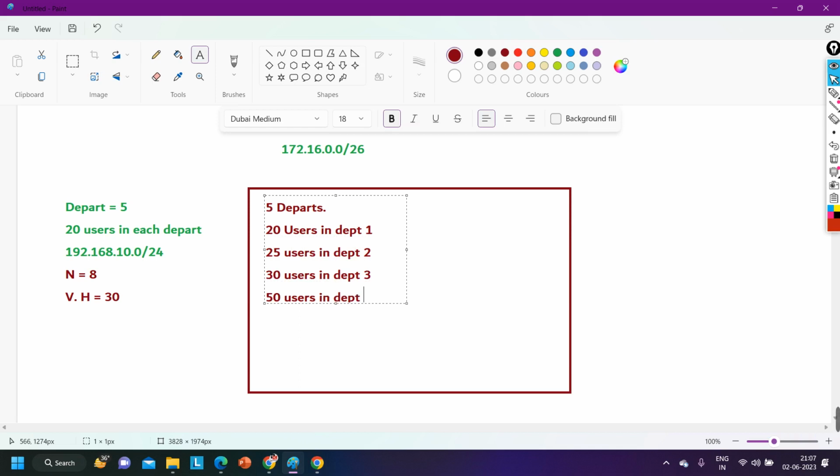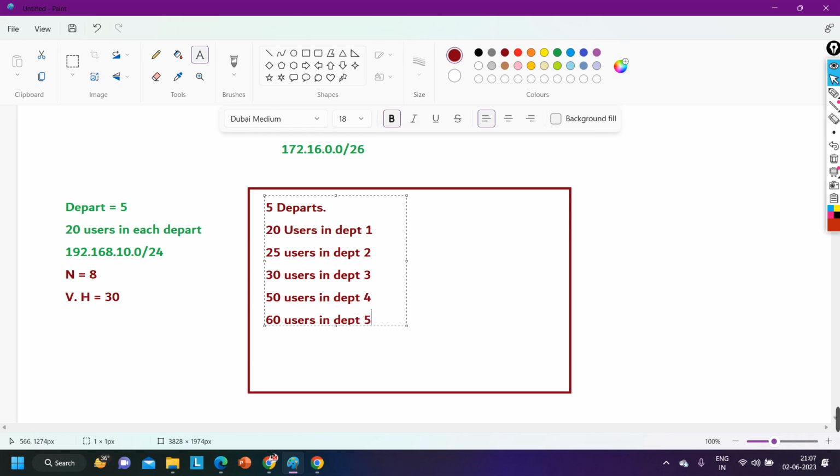In department 4, 50 users, and you need, let's say, 60 users in department 5. First of all, tell me, can I use an IP address from class C for this organization?